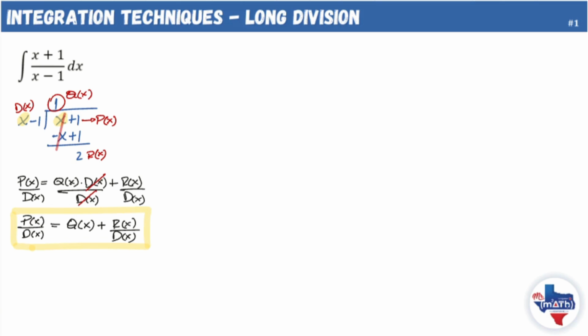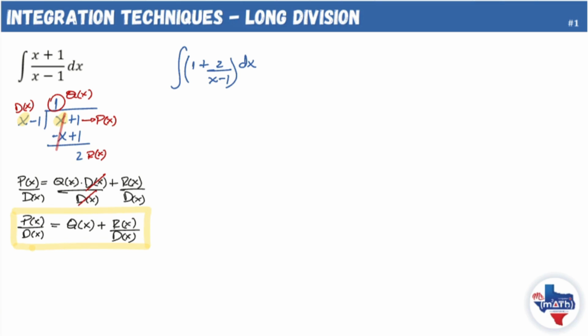So if we rewrite this according to the algorithm of the division, we'll have something like the integral of the 1 plus the 2, that is still divided by x minus 1 dx. And then we need to start solving from this one.